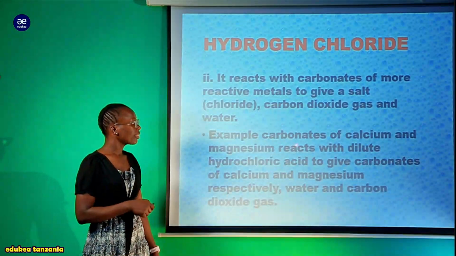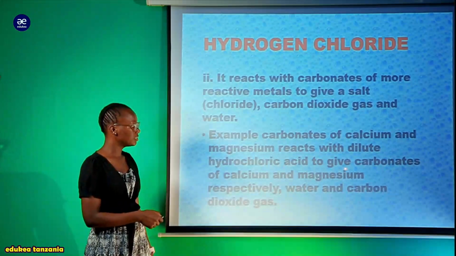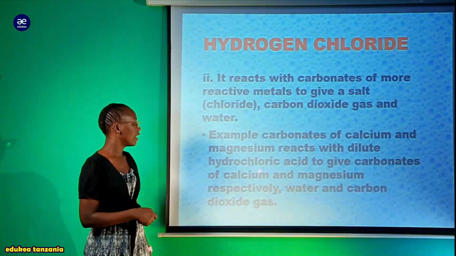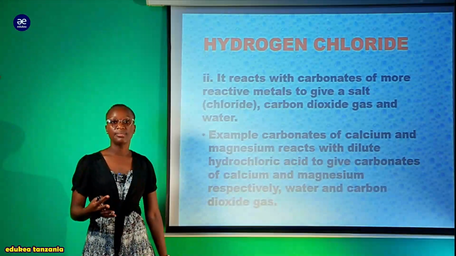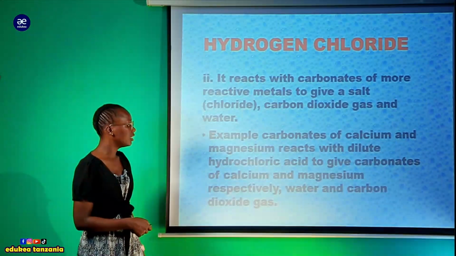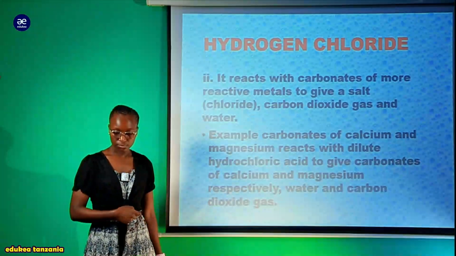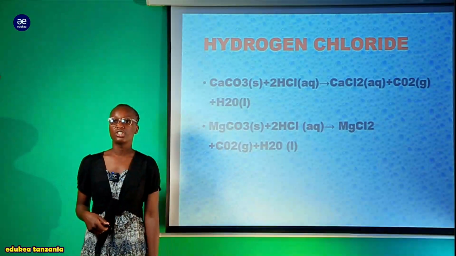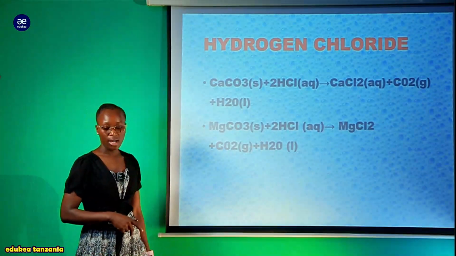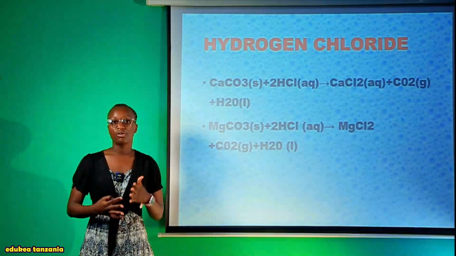Example, carbonate of calcium and magnesium react with dilute hydrochloric acid to give chloride of calcium, which is a salt now, and we are going to have the magnesium respectively, water and the carbon dioxide gas. This is a simple demonstration of reaction which shows how the hydrochloric acid reacts with the carbonate of metals.